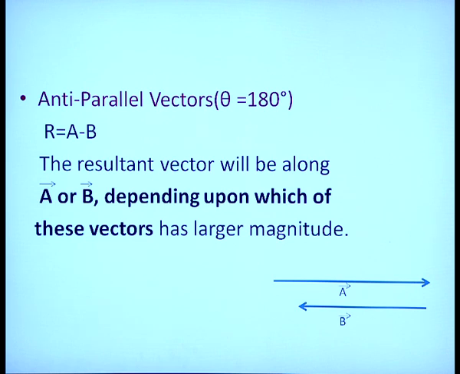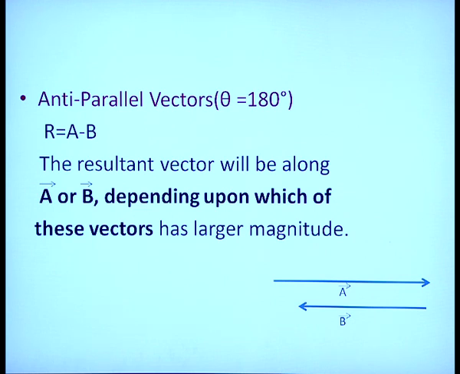So, now if you put the same formula R equal to root over A square plus B square plus 2AB cos theta, and in place of theta you put 180 degree, then you can find out R equal to A minus B. Hence, the resultant vector will be along A or B depending upon which of these vectors has larger magnitude.